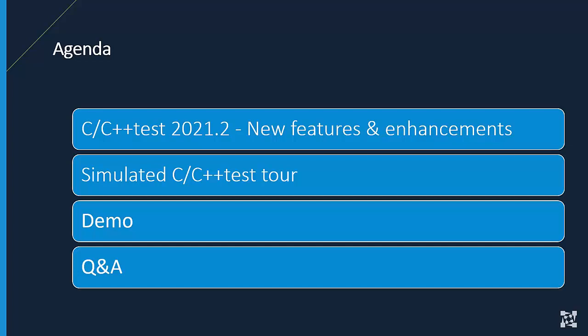So if you're new to Parasoft and C++ Test, you can go ahead and take a quick glance and take a tour of this. Then Mirek will take you through a demo of our integration with Azure, and then we will finish it up with live Q&A.